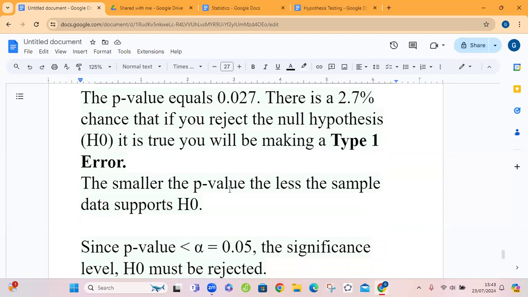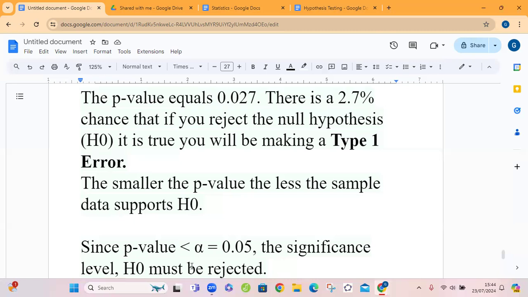The smaller the p-value, the less the sample data supports the null. So since the p-value is less than alpha, which is the significance level of 0.05, here you must reject the null hypothesis because there's a very low chance you'll be making a type 1 error.